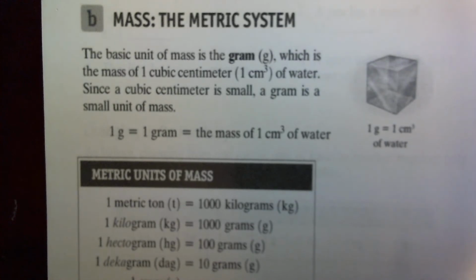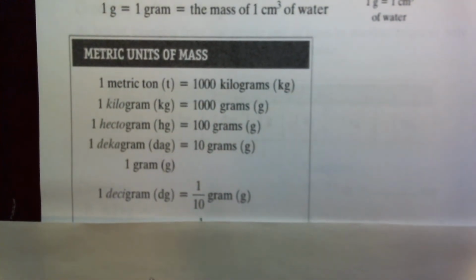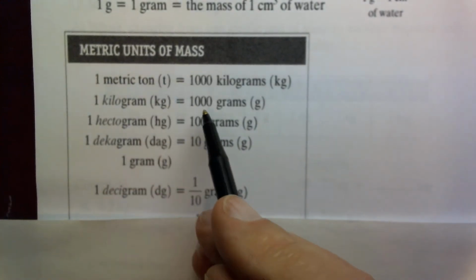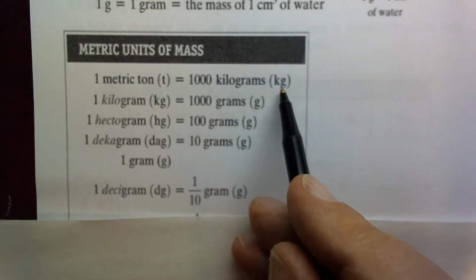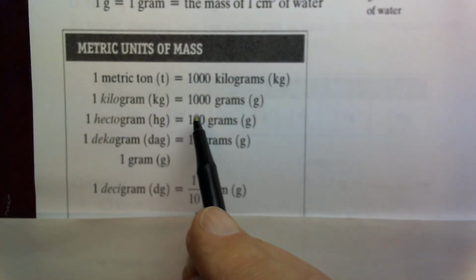Then we have some derivations of the metric unit of mass. A metric ton, lowercase t, is 1,000 kilograms, kg. 1 kilogram equals 1,000 grams.